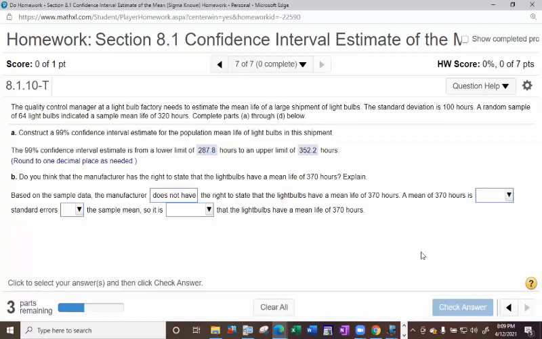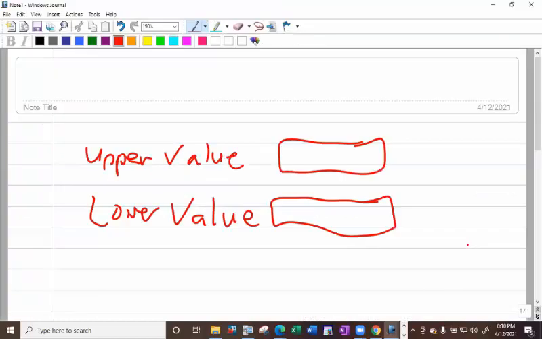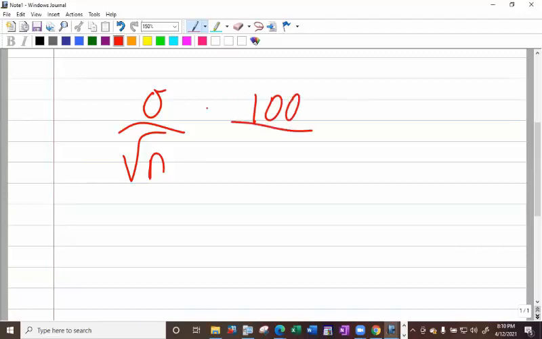We talked about that last week. Standard error is just this part right here. For this one, the standard deviation was 100, and that was over the square root of 64. 100 over 8 should be 12.5.